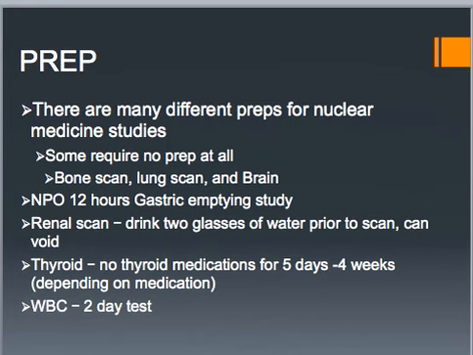And what they do for that white blood cell test is they actually remove white blood cells from the patient, and then they tag them with radioisotopes, and then they inject them intravenously back into the patient, and then those tagged white blood cells localize in the area of the infection. They go to try to fight off that infection so they can see where it's at. So while that test doesn't necessarily have prep, it is a 2-day test, and you have to come in the one day for them to extract the white blood cells, and the next day for them to put them back in.